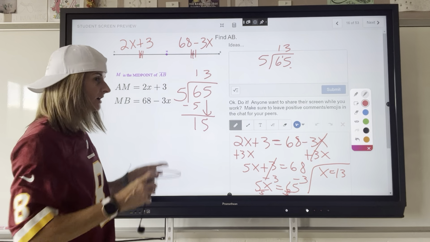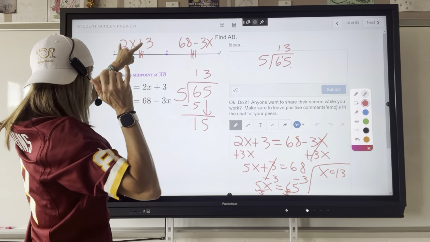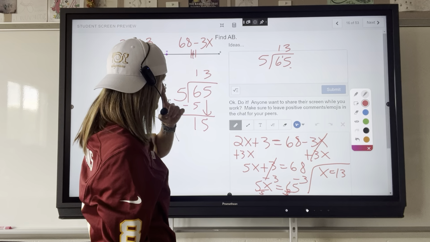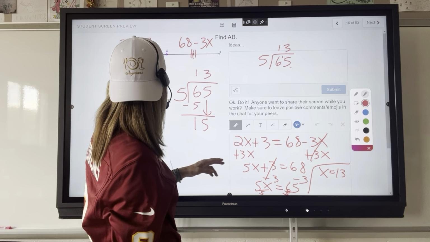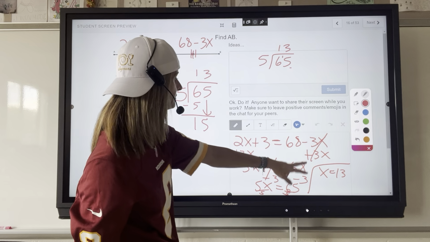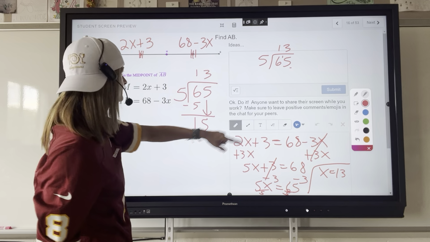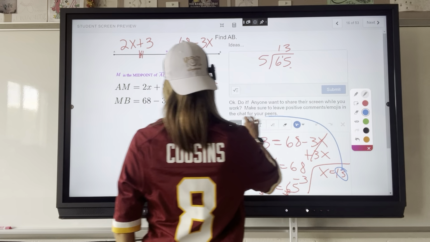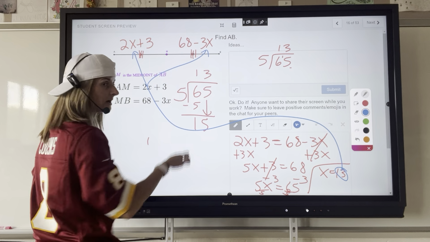So we've got a couple options. We could say 2x plus 3 plus 68 minus 3x equals... x is 13. Okay, so we could plug our 13 in here and here and add them up.